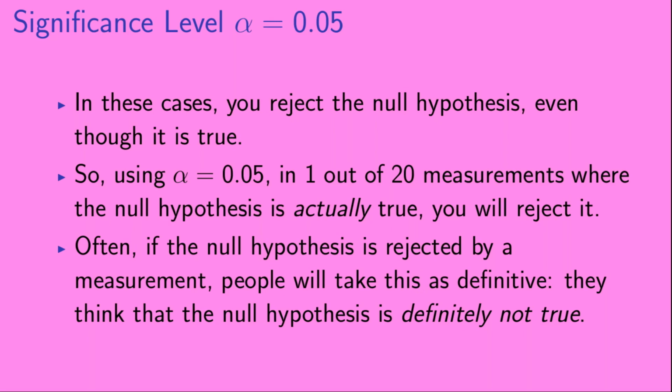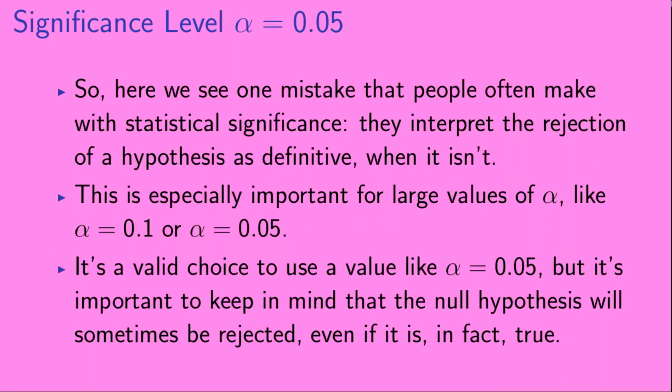Often, if the null hypothesis is rejected by a measurement, people will take this as definitive. They think that the null hypothesis is definitely not true. So here we see one mistake that people often make with statistical significance. They interpret the rejection of a hypothesis as definitive when it isn't.